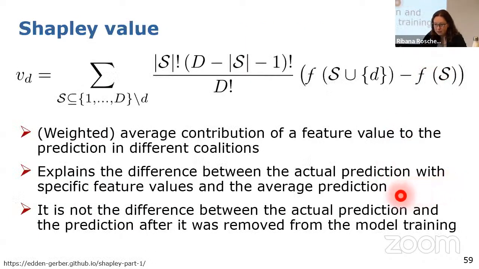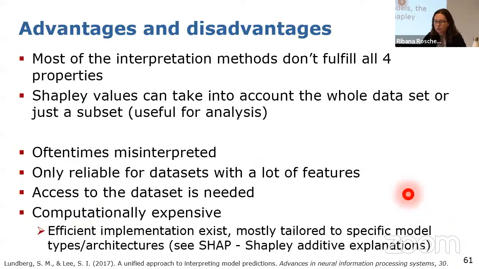When you look at the definition, you can compare it to the average prediction of the whole data set. But maybe it's also interesting to analyze just a subset with specific characteristics and compare the contribution to this specific subset.